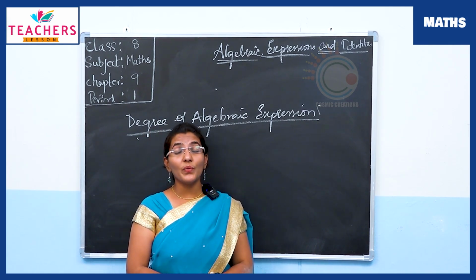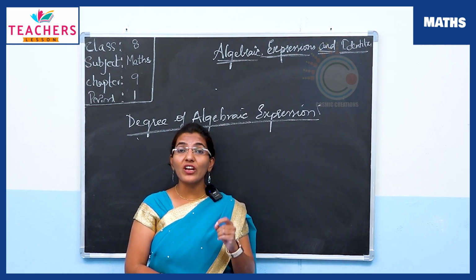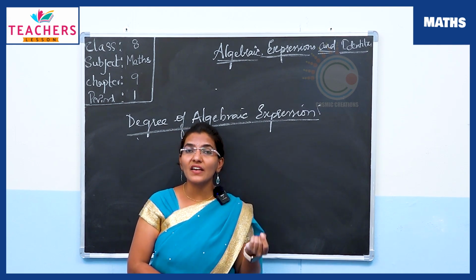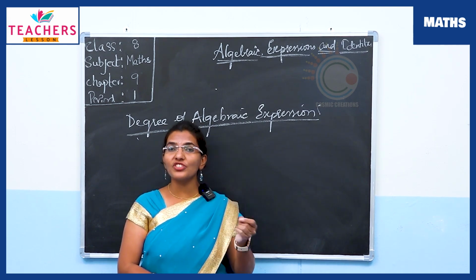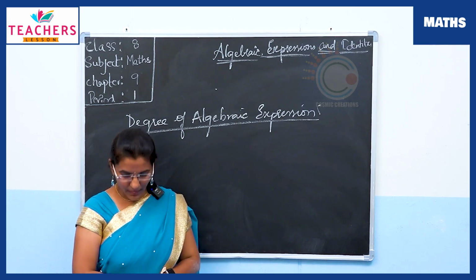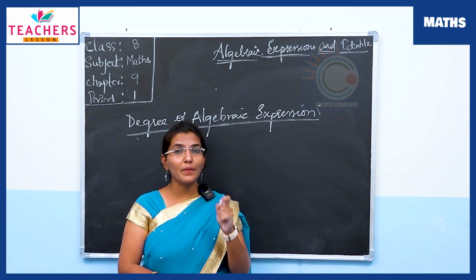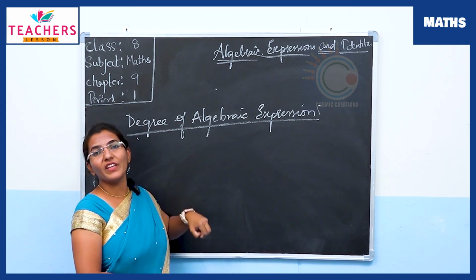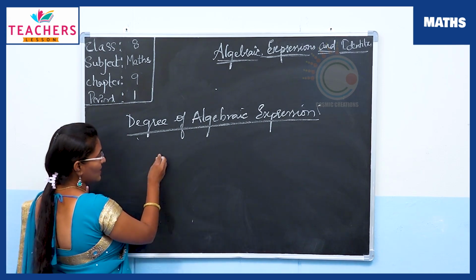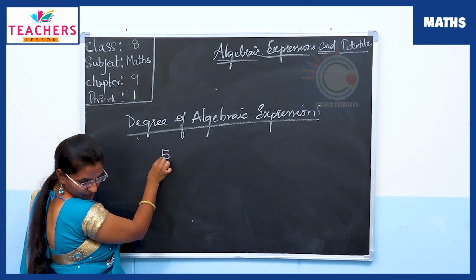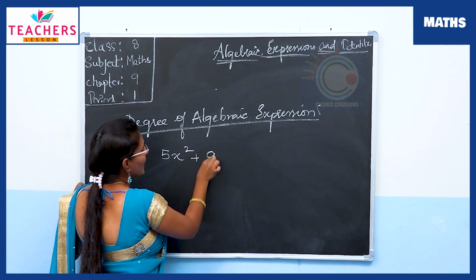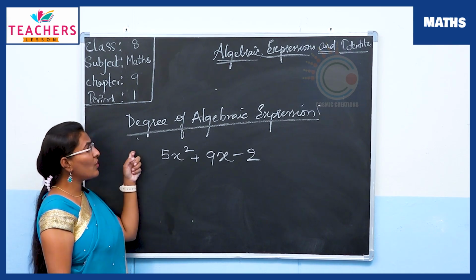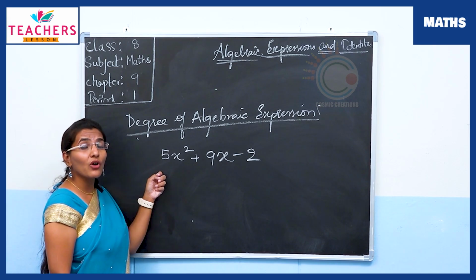Degree is nothing but the highest value of the particular expression; the highest degree of a term, that particular term, we are calling the degree of the algebraic expression. So I'll write the example: 5x square plus 9x minus 2. This is an algebraic expression, right? Can you say what is the degree of this particular expression?